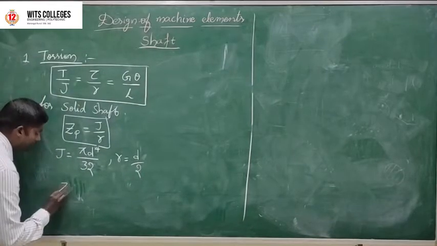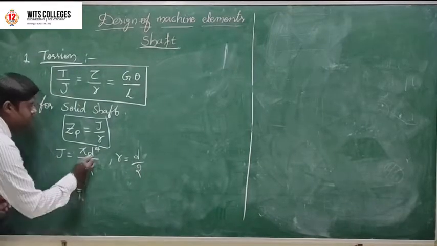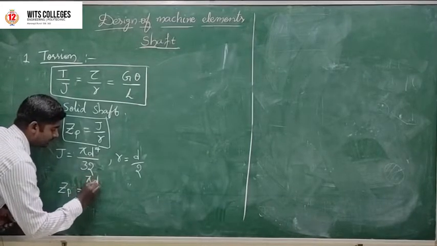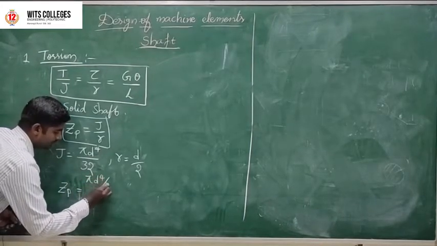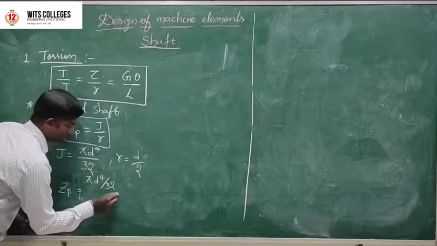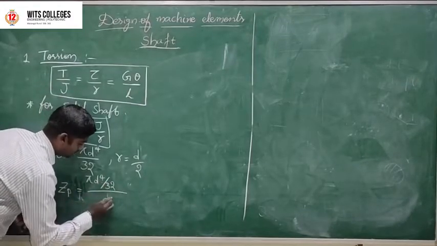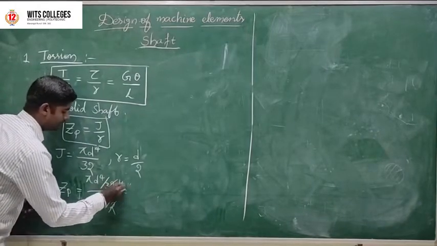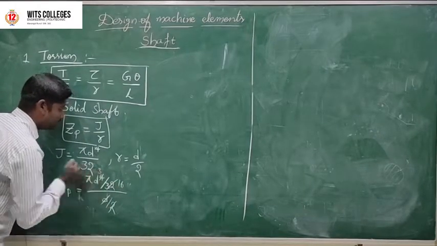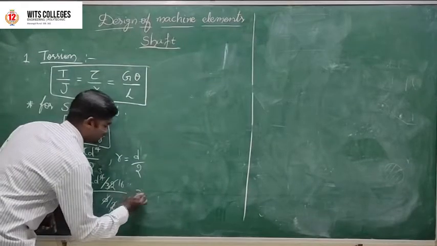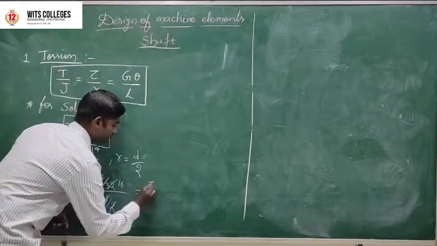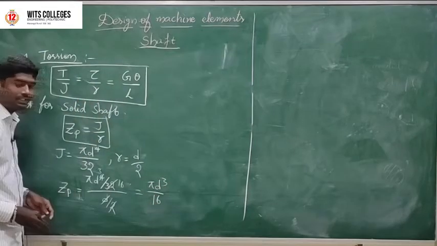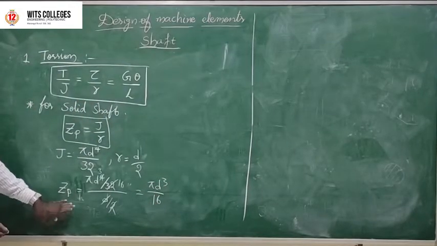Substituting these two into the ZP equation, pi d power of 4 by 32 divided by D by 2, gives ZP is equal to pi d cube by 16. This is for a solid shaft.